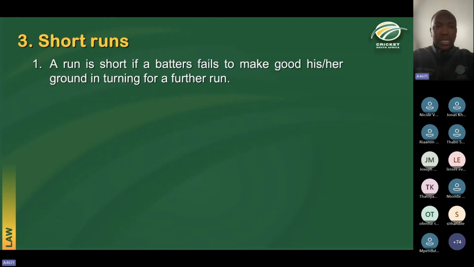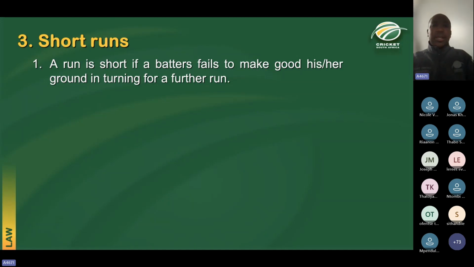What about short runs? A short run is if a batter fails to make good his or her ground in turning for a further run. So you cannot have a short run if you only attempt and complete one run.